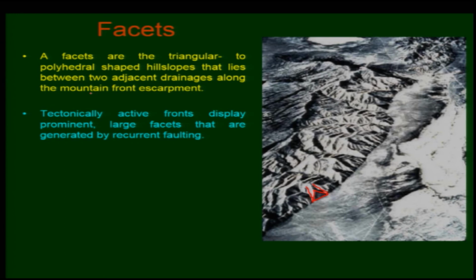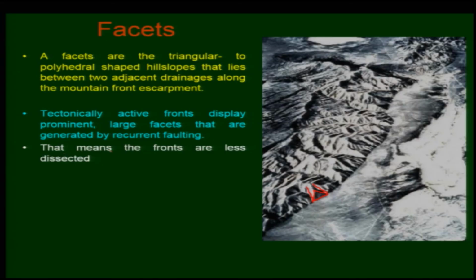Tectonically active fronts display prominent large facets that are generated by recurring faulting events. Otherwise, you will not be able to see such sharp fronts with prominent triangular facets. That means the front is less dissected.